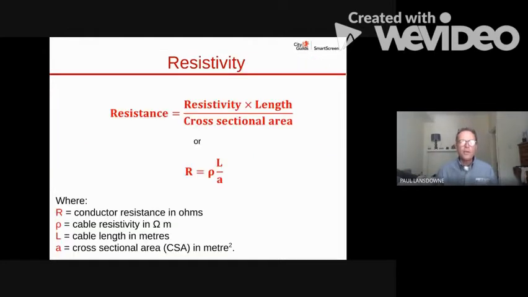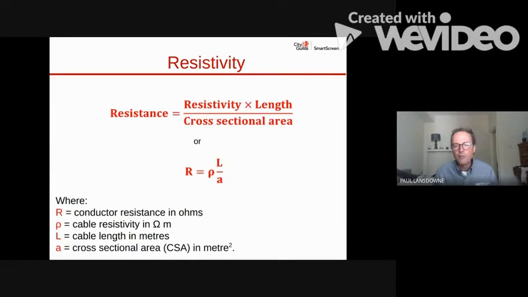So what we've got here is a little calculation. We have the resistance of the conductor in ohms, so a resistance of a piece of cable. We have rho, which is the resistivity in ohm meters, which is what we just looked at.